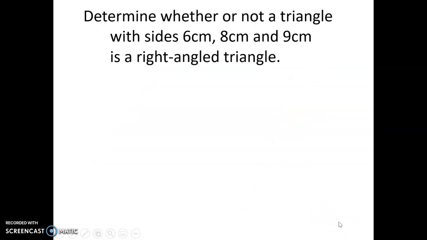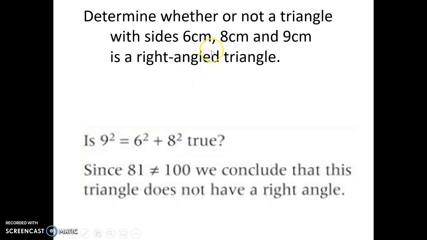Okay, see if you can answer this. Determine whether a triangle with sides 6, 8, and 9 is a right angled triangle. Do those sides create a triangle that would be a right triangle? Here's how we check. We check if the Pythagorean theorem works with these numbers, because if the Pythagorean theorem works, then it must be a right triangle. And you always begin with, well, what's our longest side? Because the hypotenuse has to be the longest one. In this case, 9.